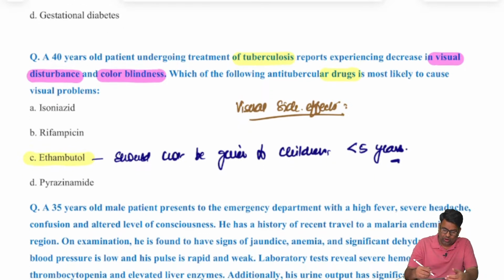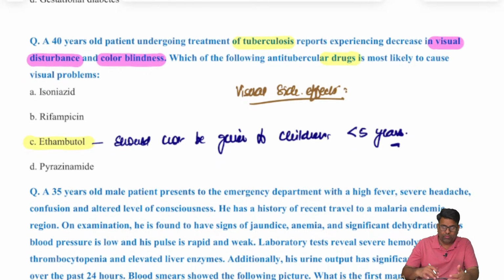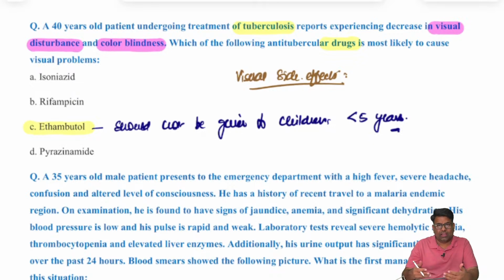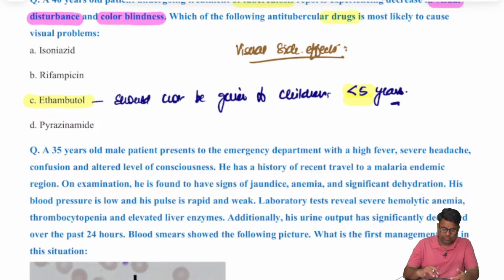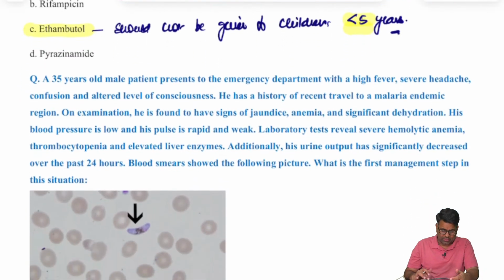So it should not be given to small children, because they won't be able to report the visual disturbances, and by the time we realize that, much of the damage must have been already done. So don't give ethambutol to children less than 5 years of age, just because of this particular complication.